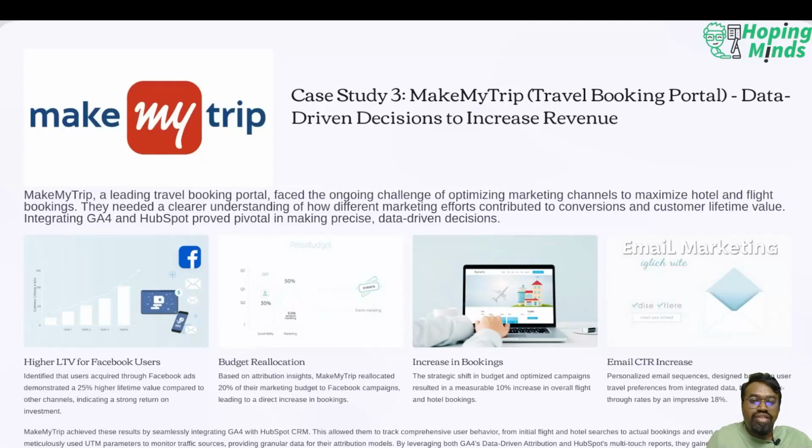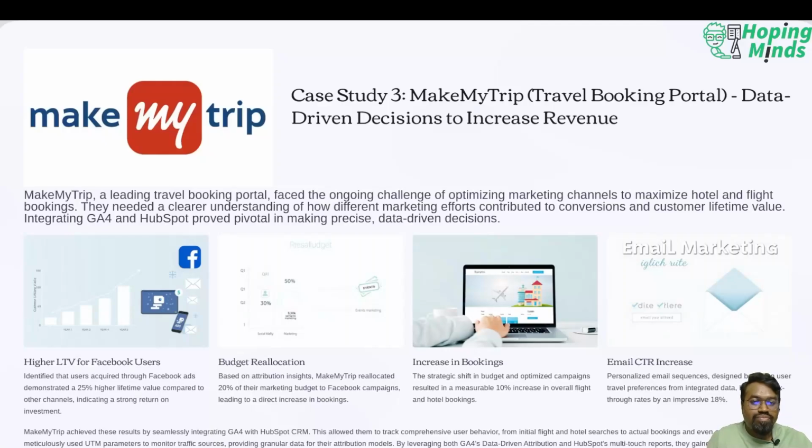Based on attribution insights, Make My Trip reallocated 20% of their marketing budget to Facebook campaigns, leading to a direct increase in bookings, because they were losing out on business on Facebook ads. Therefore, they made sure that they were investing 20% of their marketing budget in Facebook campaigns.